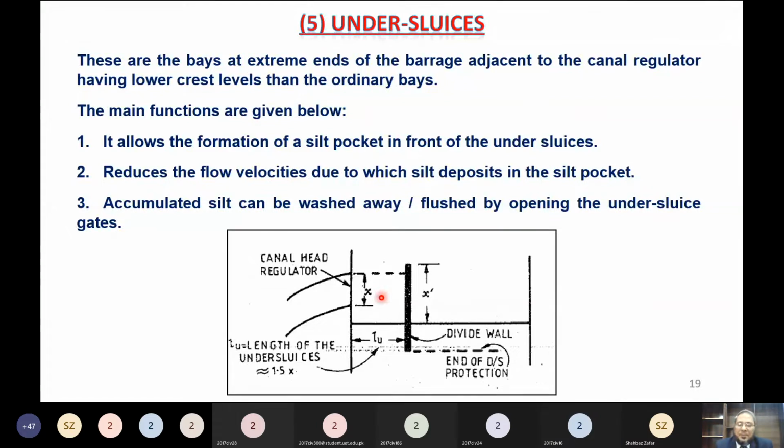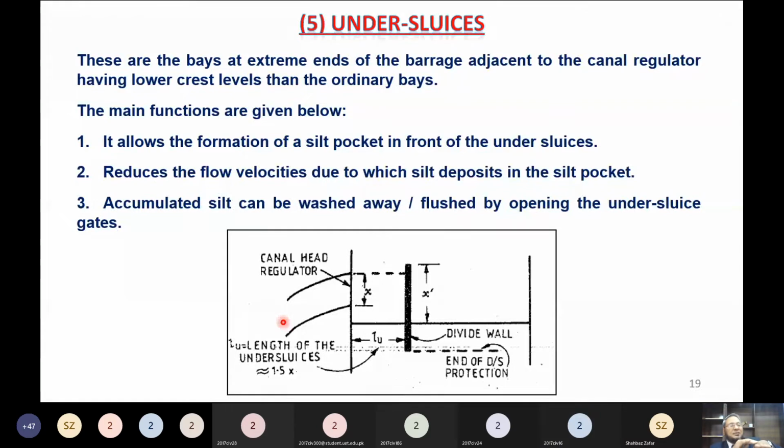Okay, that's clear sir. What is the height of the canal head regulator, what does it depend on? Actually it depends on many factors. What is our pond level of the barrage, and how much discharge we want to convey in this canal, and where we have to set the crest level.